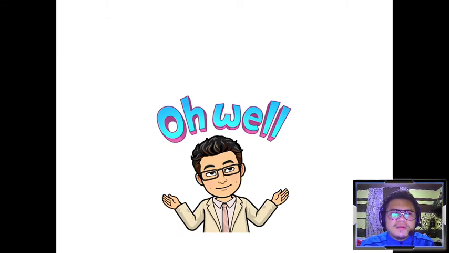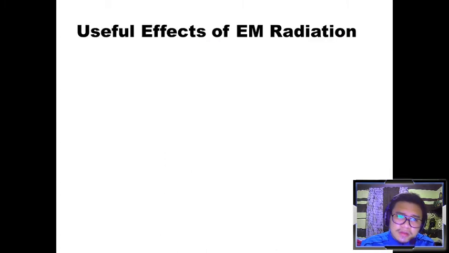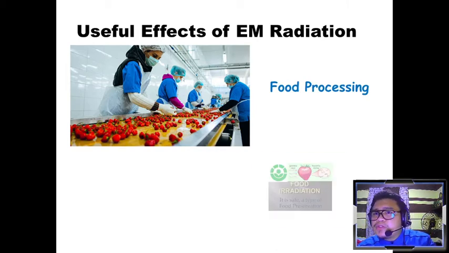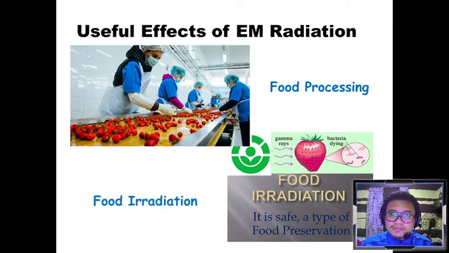Okay, but well, not all EM radiation is harmful all the time. In fact, they are used in some useful fashion, like in food processing, wherein we have this so-called food irradiation, wherein we expose food and vegetables to high energy carrying particles like gamma rays in order to kill the bacteria in the food, and it is a safe type of food preservation technique.